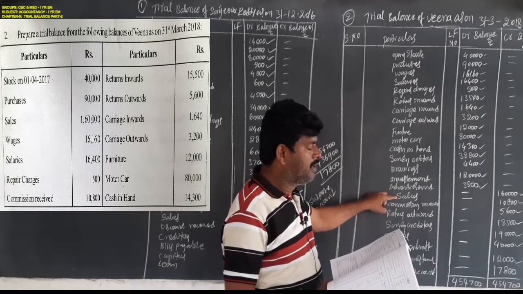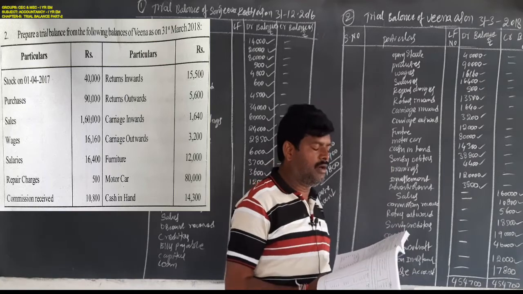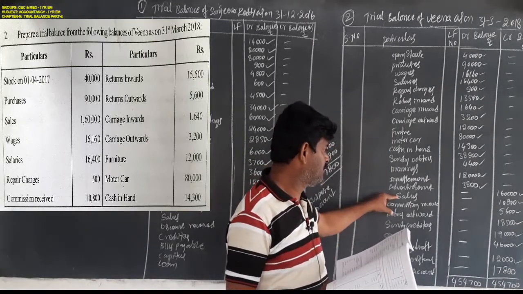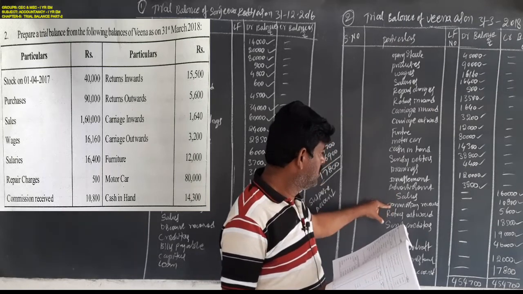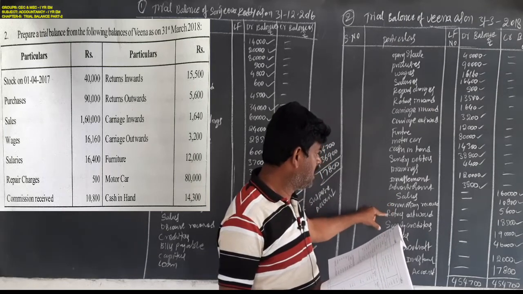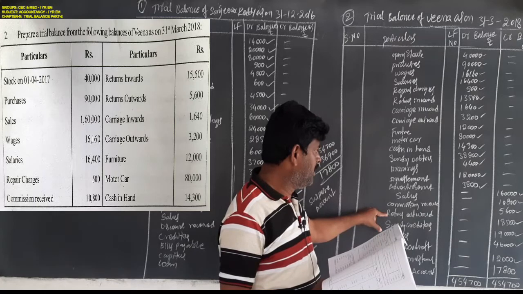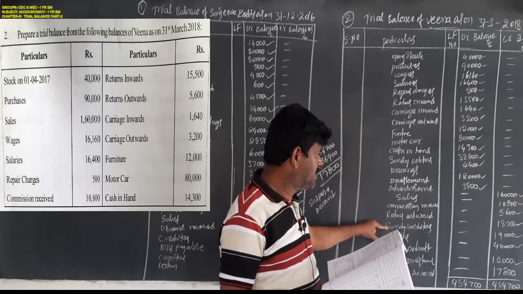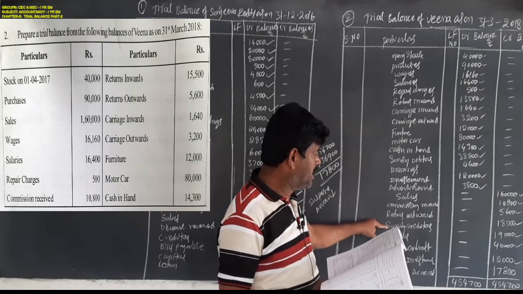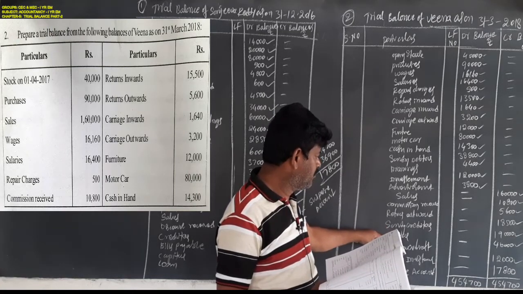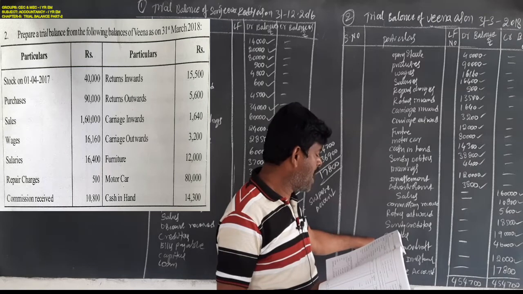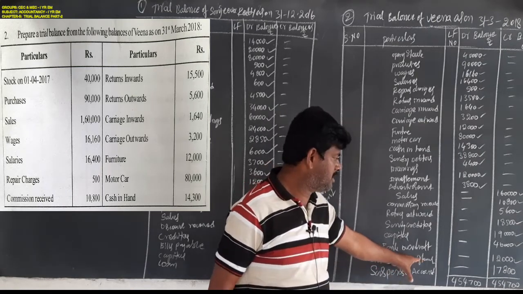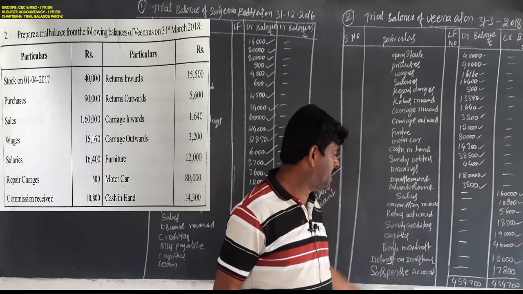Next, the credit aspects, written one by one: sales credit side, commission received credit side, return outward meaning purchase returns credit side, sundry creditors credit side, capital credit side, bank overdraft credit side, so bank overdraft is a liability. Interest on investment is income, credit side.